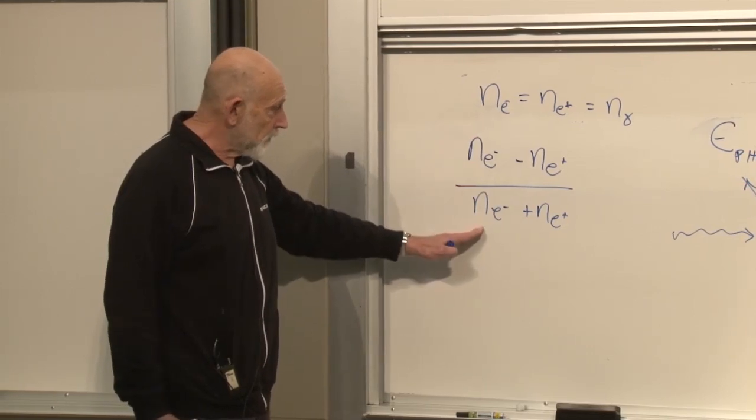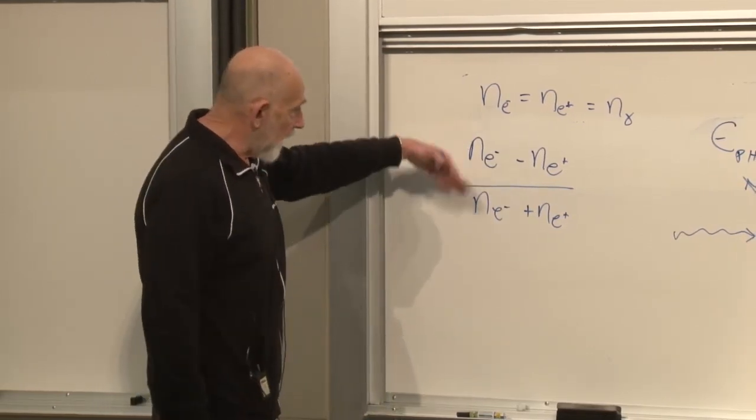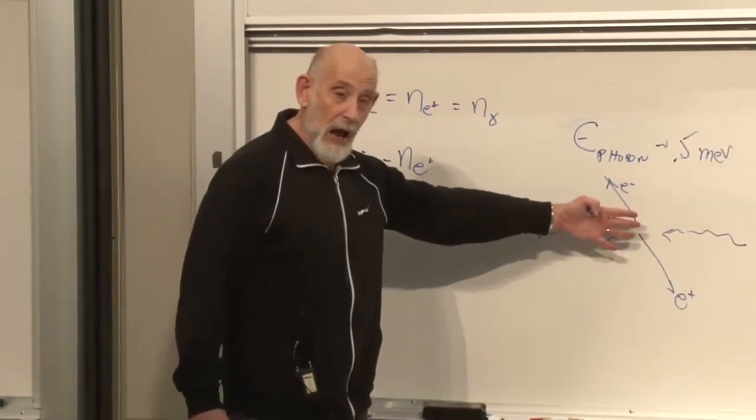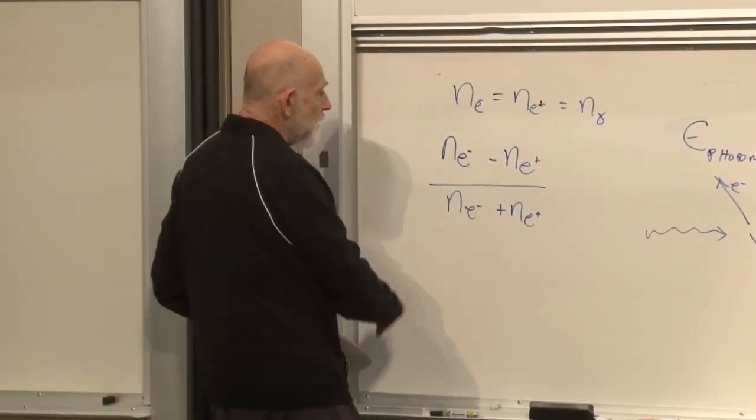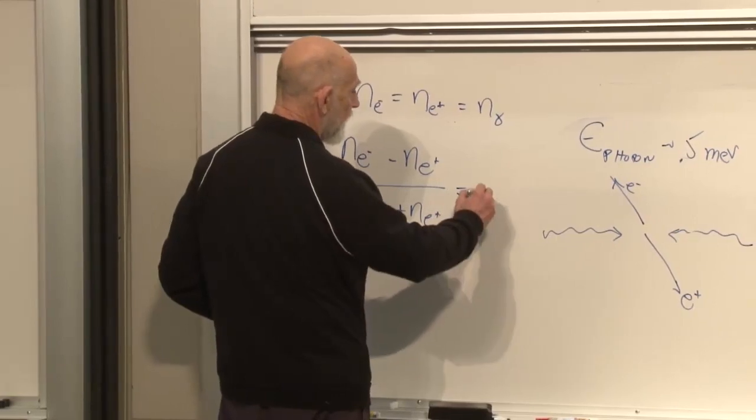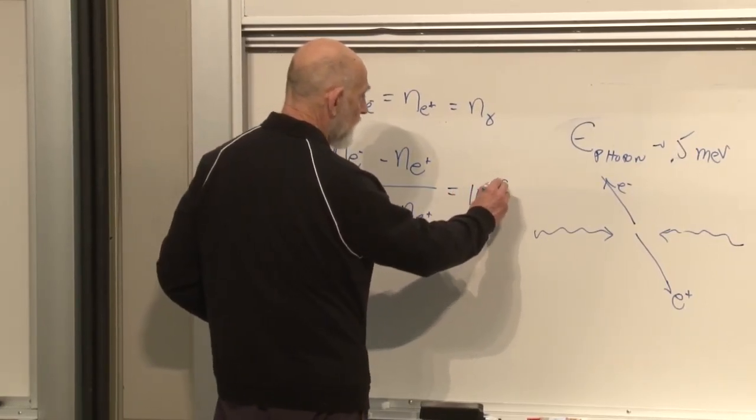So this number is believed, at the time when the universe was hot enough to create lots of electrons and positrons, to have been about 10 to the minus 8th.